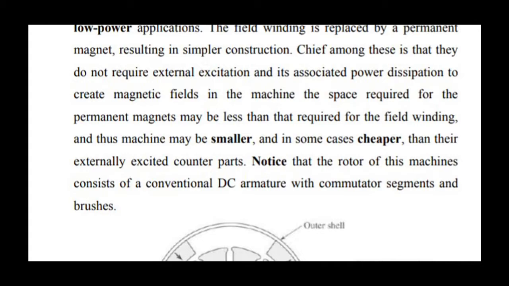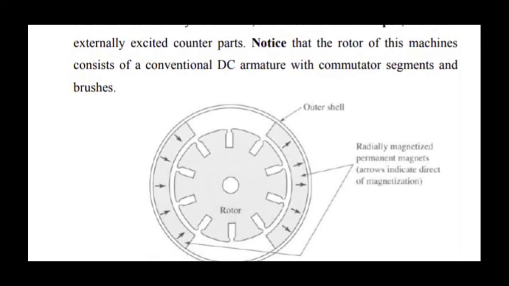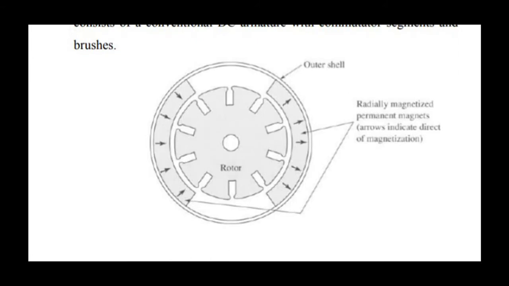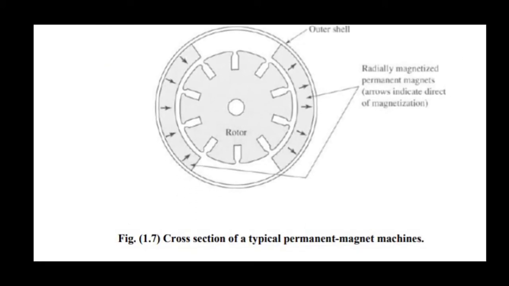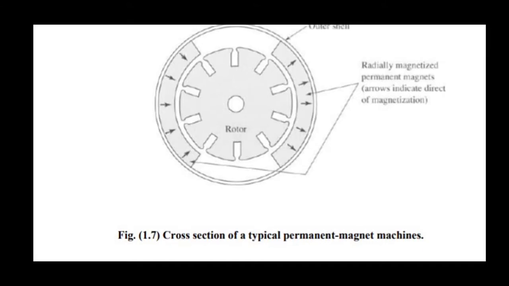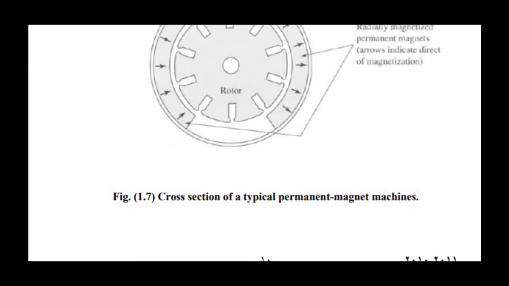Notice that the rotor of this machine consists of a conventional DC armature with the commutator segments and brushes. Cross section of a typical permanent magnet machine.